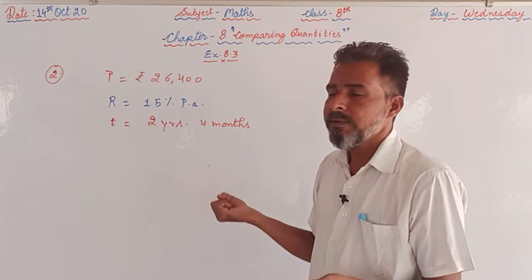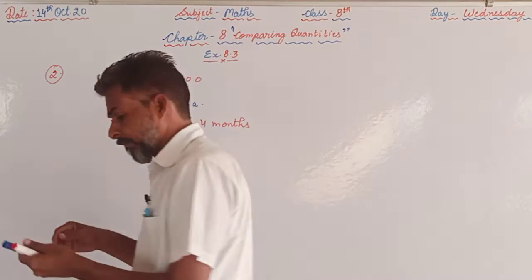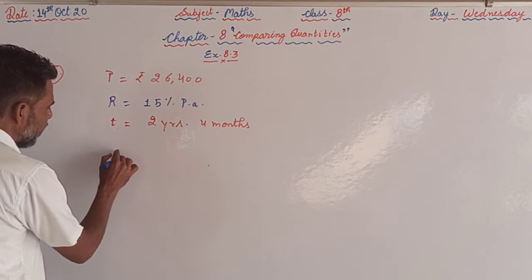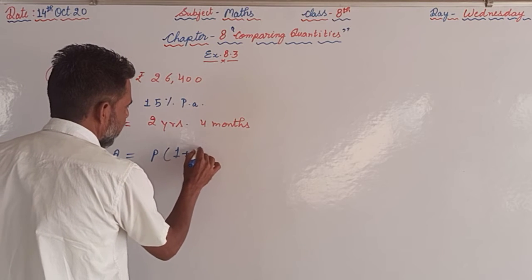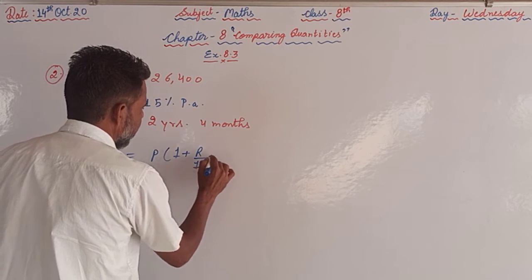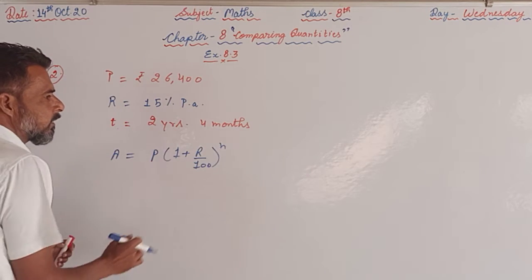So first of all we have to find the amount at the end of 2 years. That is A equals P into 1 plus R upon 100 raised to power n, where R is the rate, P is the principal, n is the time.